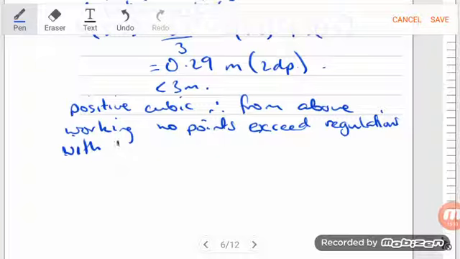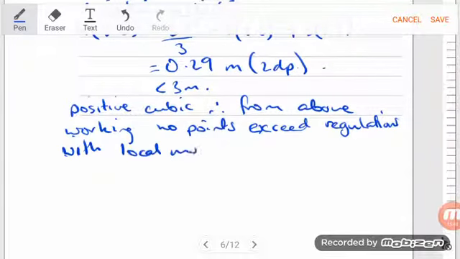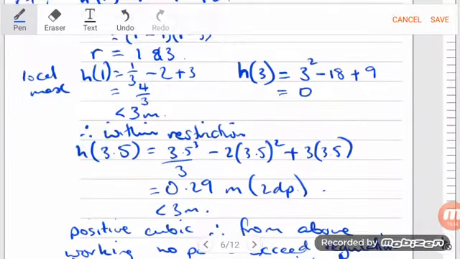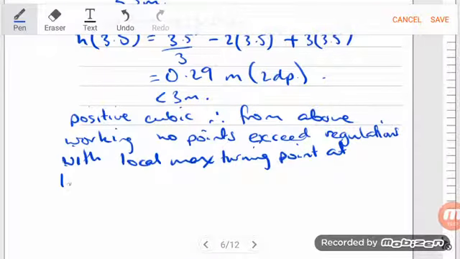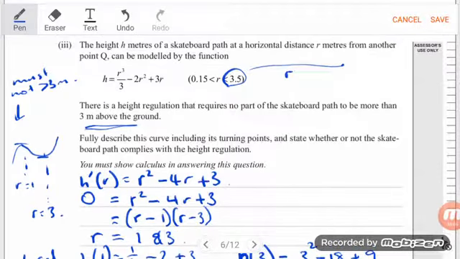with local maximum, max turning point at 1 meter away from, was it from Q? From point Q?